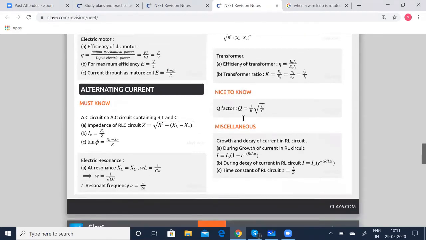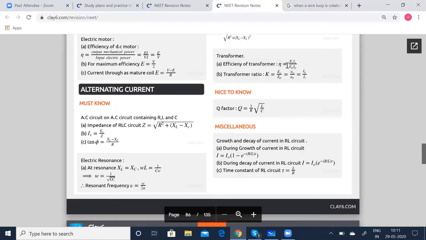Transformer. A transformer is a device where, if you want to, you can change the voltage. If you want a high voltage, you can change it using a step-up transformer. If you want a low voltage, you can get it by using a step-down transformer.